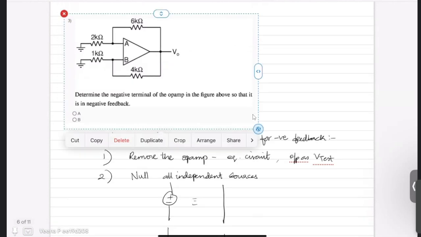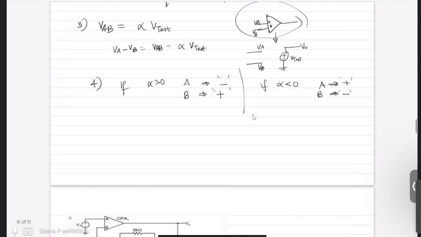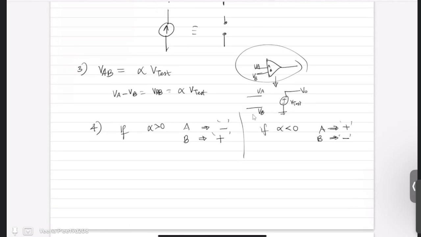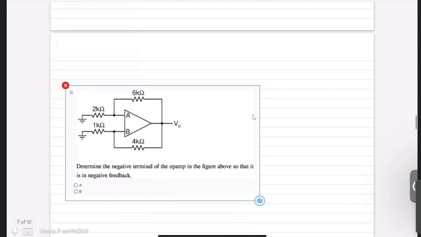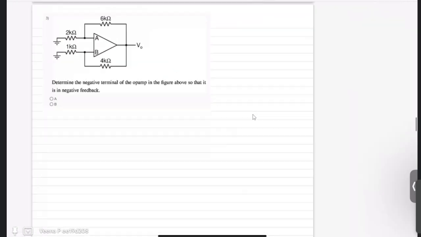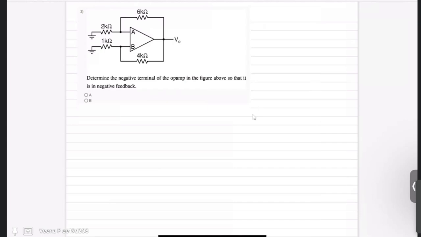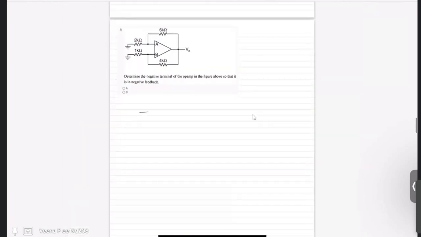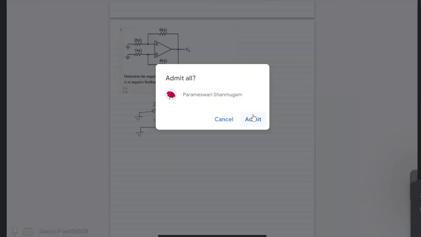So in this problem, we will solve it using a similar approach. So I will draw the equivalent circuit. So I'll open this.